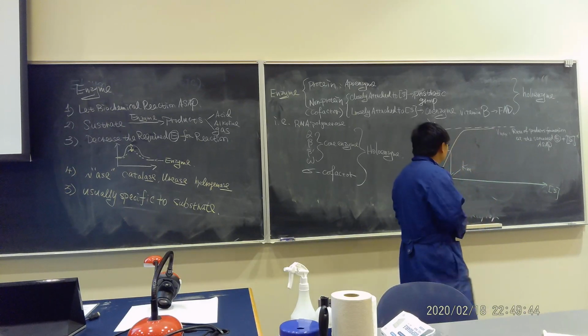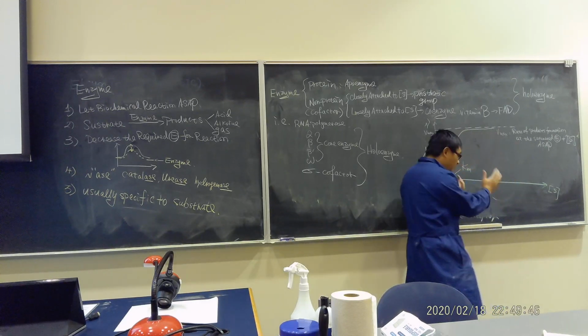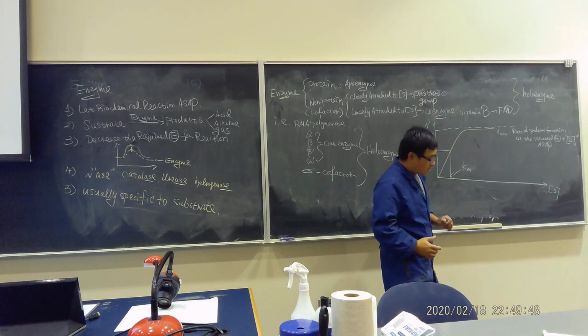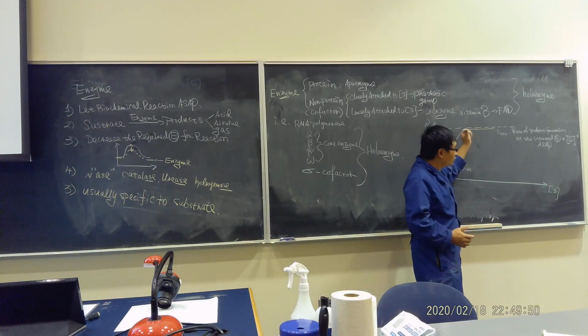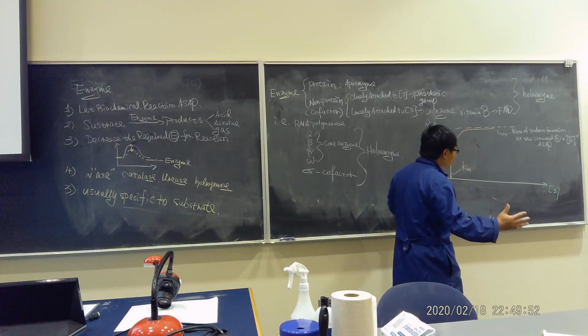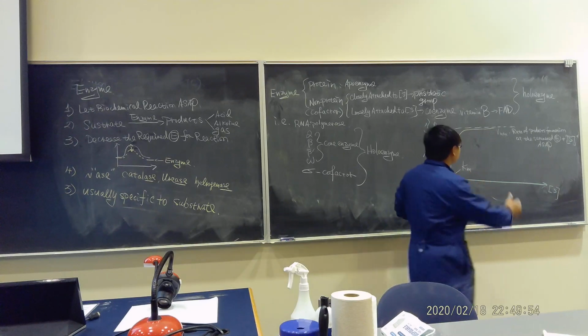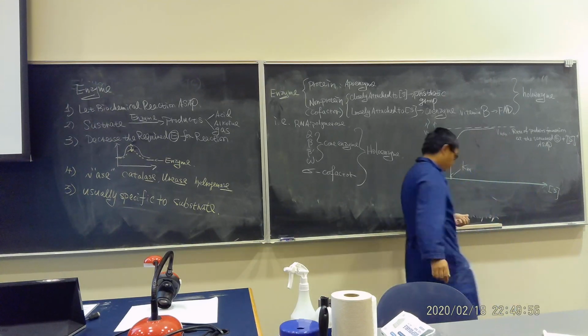If I have enough substrate and a saturated enzyme, how fast it will generate product is called the Vmax.